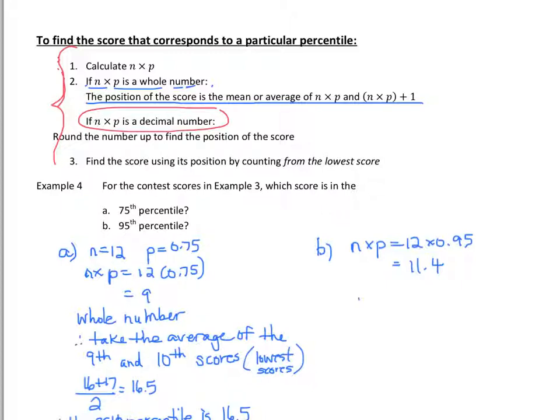So we'll say here decimal, this is a decimal number. So we're going to round up to the 12th lowest score.